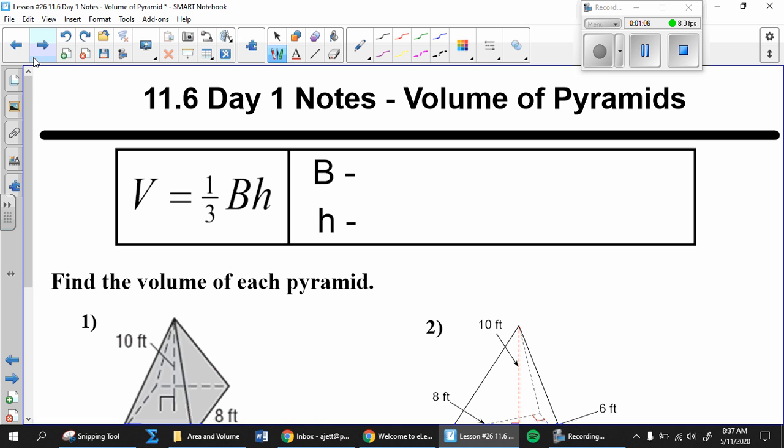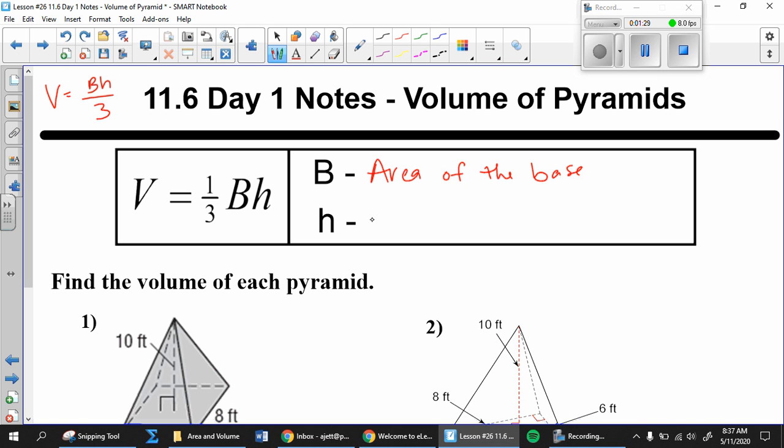So when we're doing this, we're just going to take area of the base times height, and we're just going to multiply that by 1/3 or divide it by 3. Same thing. So capital B still stands for area of the base.